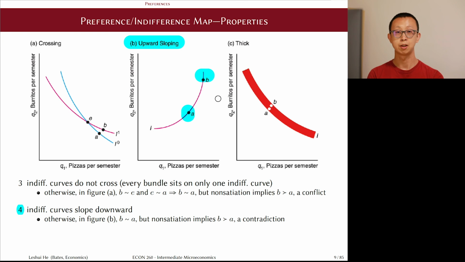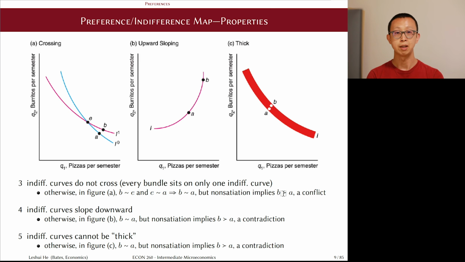However, this is clearly in contradiction with, well, you guessed it, non-satiation, because bundle B clearly offers more of both goods than bundle A, and therefore B must be strictly preferred to bundle A. So they cannot be indifferent at all. So again, with the three properties we have in place for the preference relationships, the indifference curves that represent any such preference relationship have to be downward sloping.